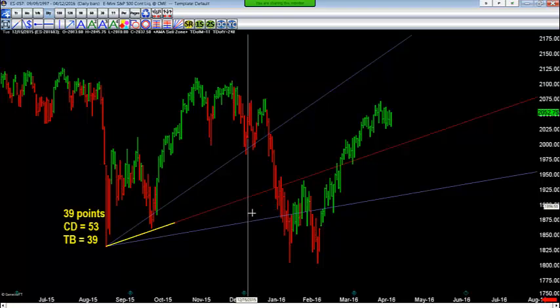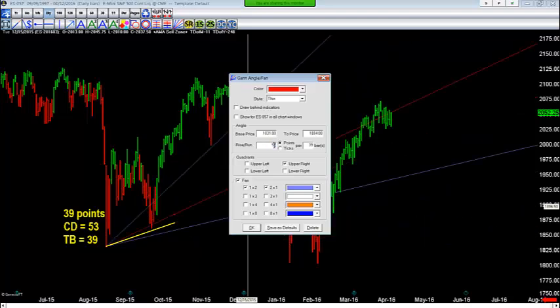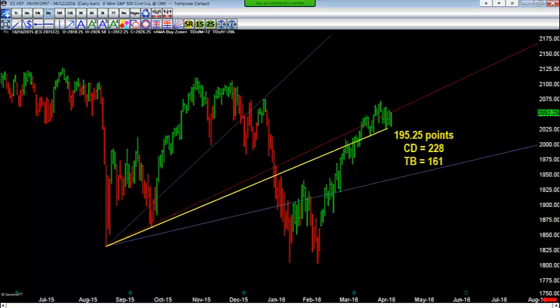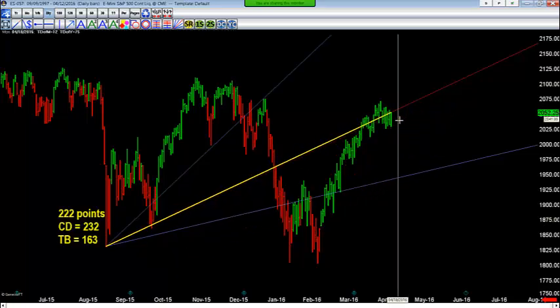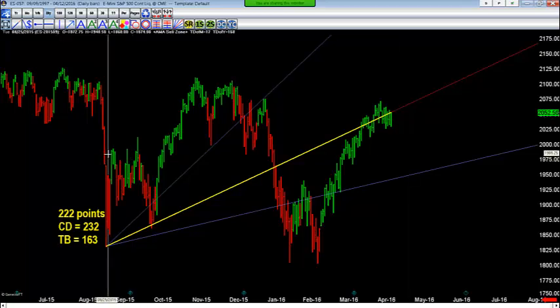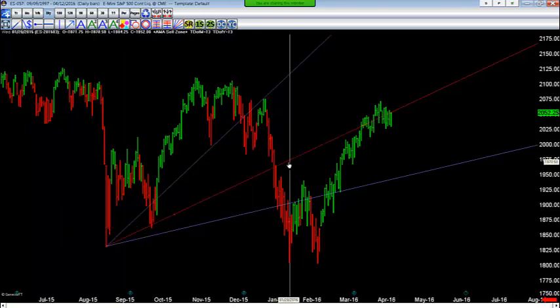So I'm going to make the rise and run over here, 53. And there's another 1 to 1 coming in there perfect. This low price is 1831 plus the 232 bars. I get 2063.